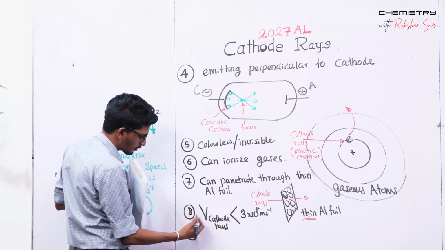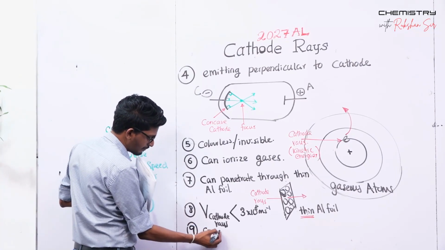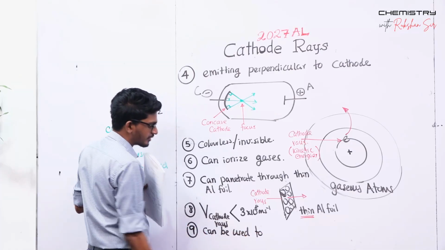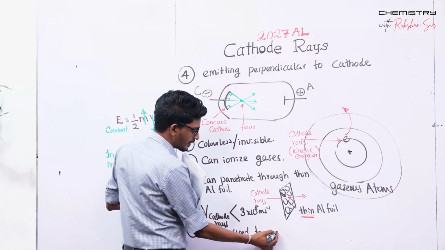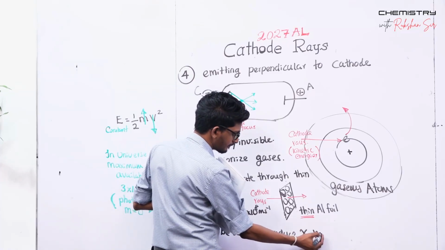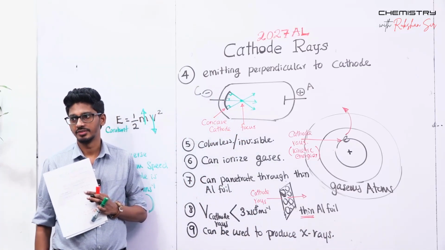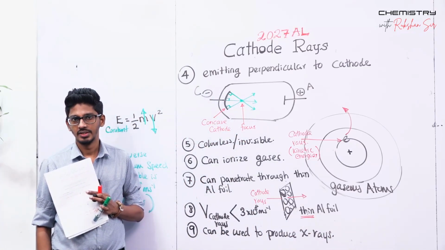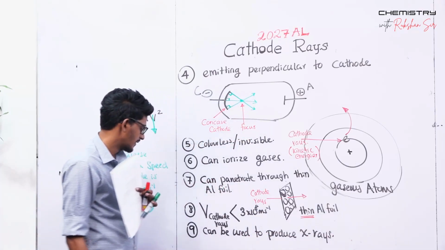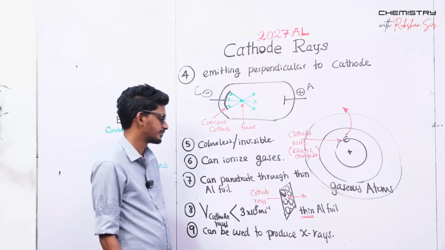So cathode rays can be used to produce X-rays. That is the ninth property: cathode rays can be used to produce X-rays.